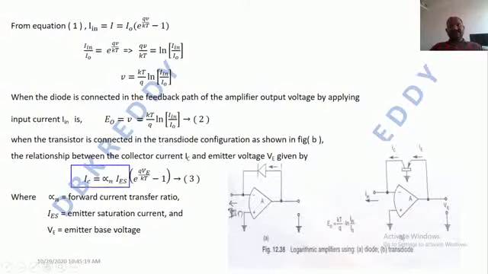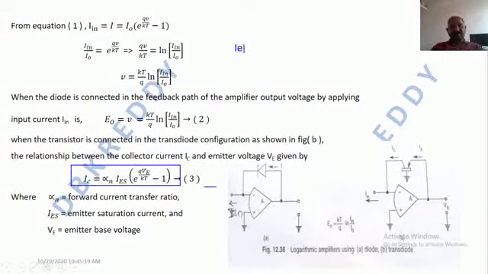Means how much input current is there, the same is getting out. We are having one equation called IE equals IB plus IC. So if you want, I can write this one. IE should be a subscript, but I'm just writing it as IE.